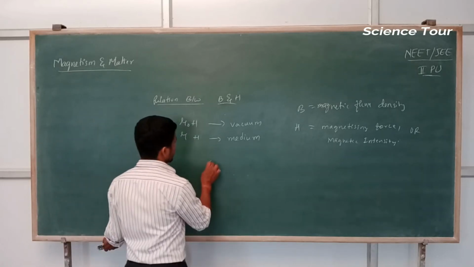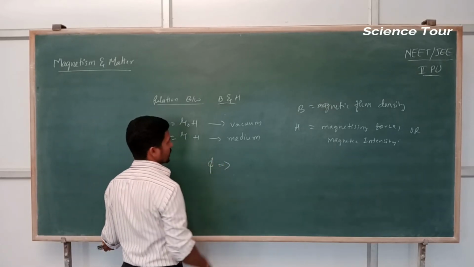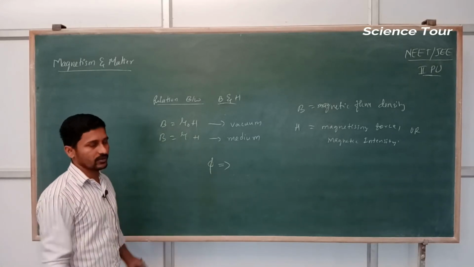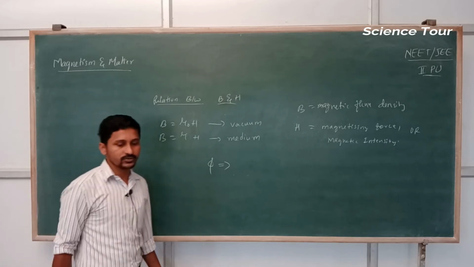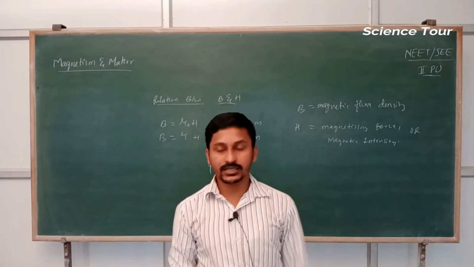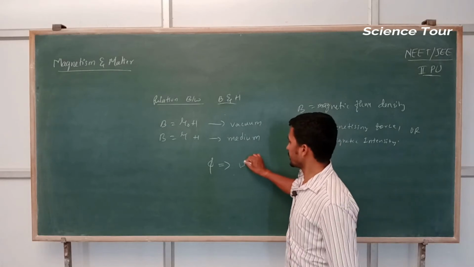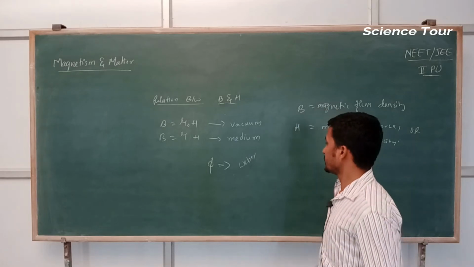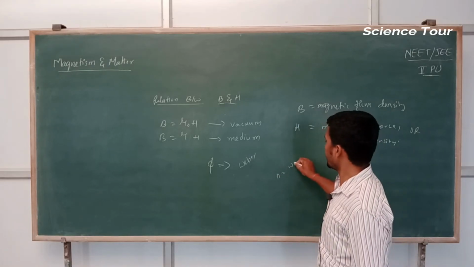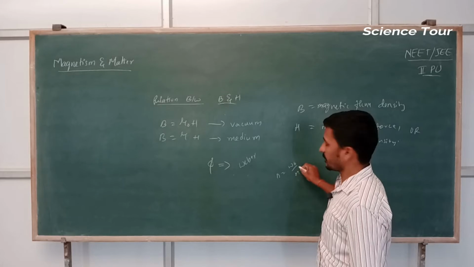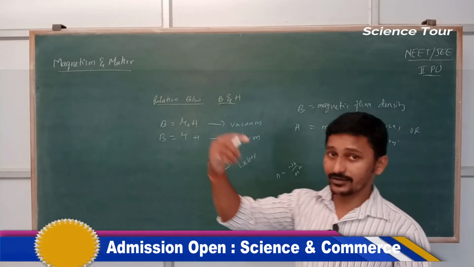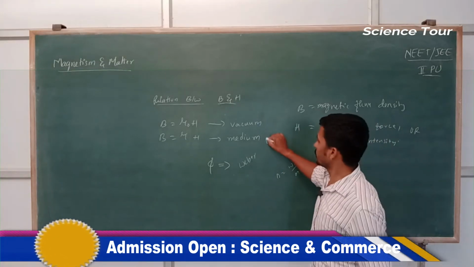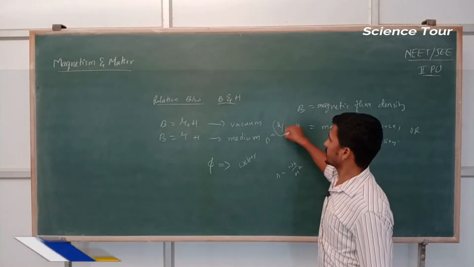One more thing: magnetic flux is the number of lines passing per unit area, perpendicular to the area. The SI unit of magnetic flux is the Weber. Magnetic field is Weber per meter square, that is, magnetic flux lines per unit area, B equals flux by A, which we have studied.